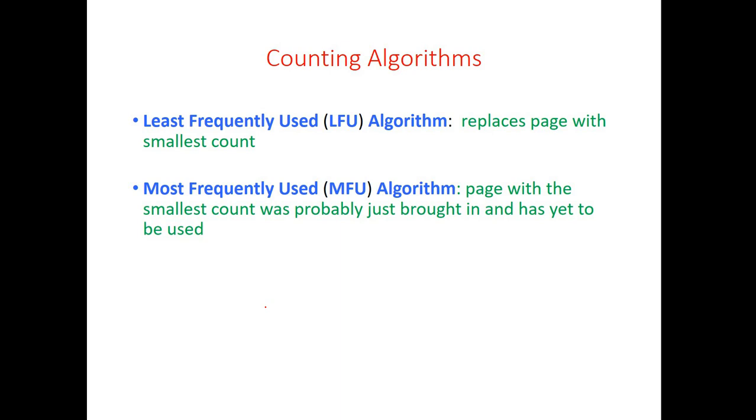That indicates that the page is already used so many times in its history, so that page may not be required in future. That is the assumption made in the most frequently used algorithm. So the most frequently used algorithm replaces the page with the highest count number as the victim page for page replacement.